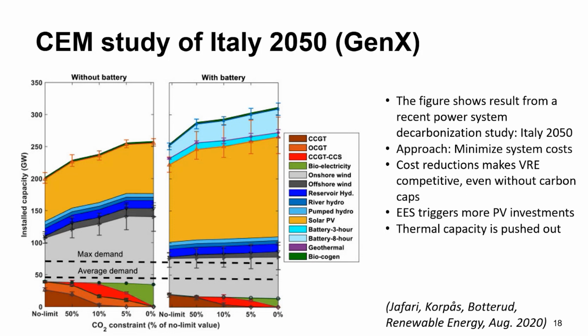But with battery, we see that it complements PV, because of its cost characteristics, it's beneficial to have like 3 to 8 hours, maybe 3 to 4 hours of storage, which combines very well with the daily cycle of PV. So we see that we also get a shift from wind to PV when we add batteries.